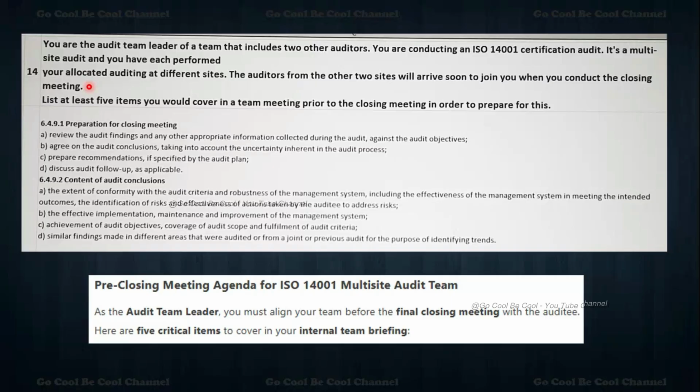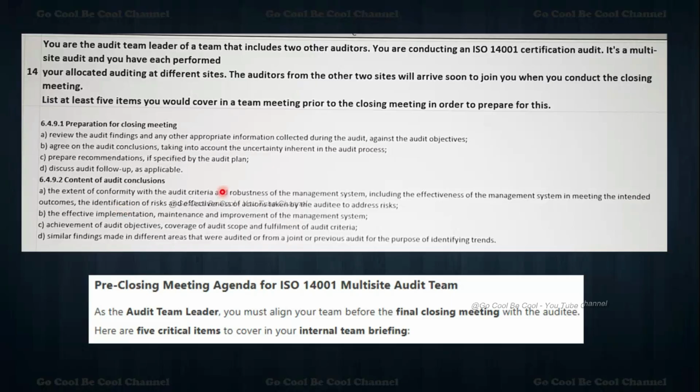Okay, so initially you have to start preparing for the closing meeting. That is covered in 6.4.9.1. Review the audit findings and any other appropriate information collected during the audit. Agree the audit conclusions. Prepare recommendations and discuss audit follow-up as applicable. 6.4.9.2 is the content of audit conclusions: the extent of conformity with the audit criteria, and the robustness of the management system.